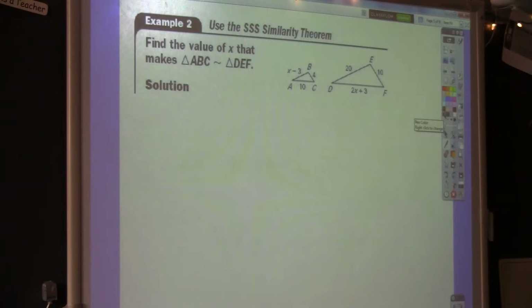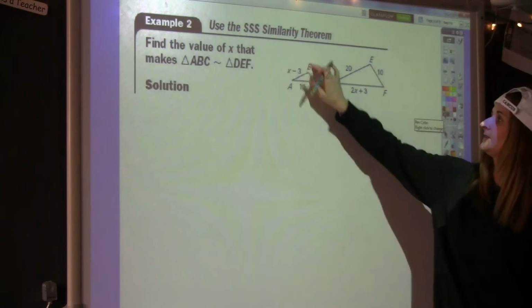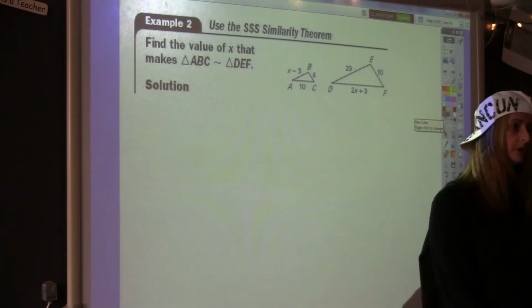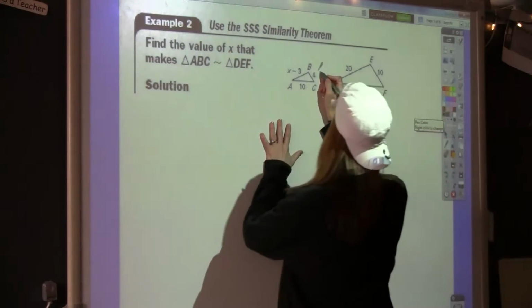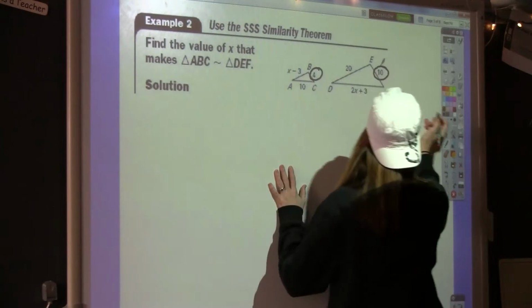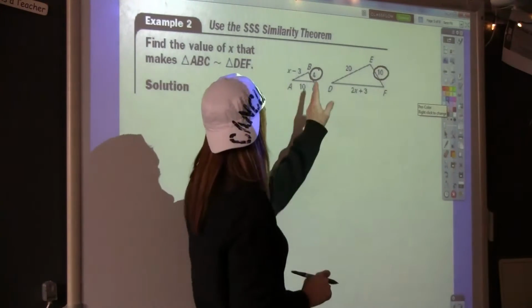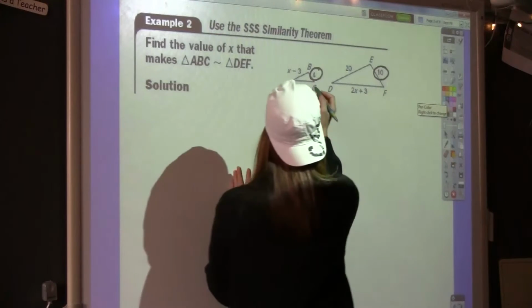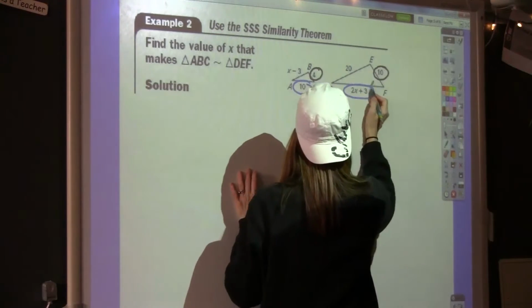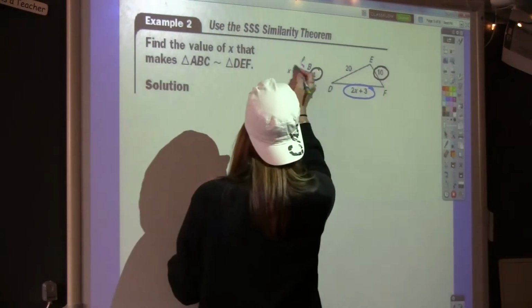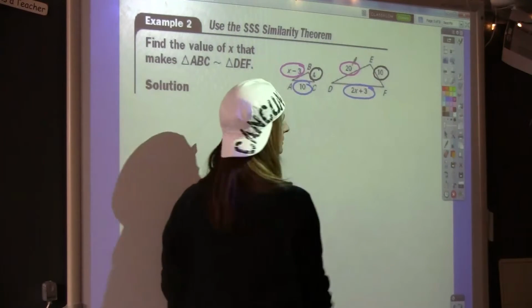So now we have to find the value of x that makes triangle ABC and DEF similar. We've got 3 sets of corresponding sides. 4 corresponds to 10. This 10 corresponds to that 2x plus 3. And this x plus 3 corresponds to that 20.